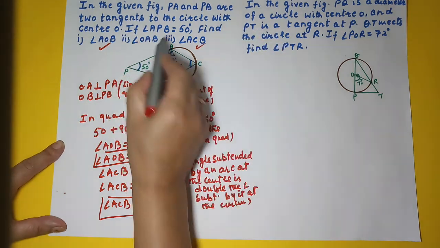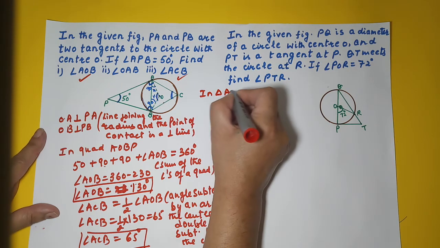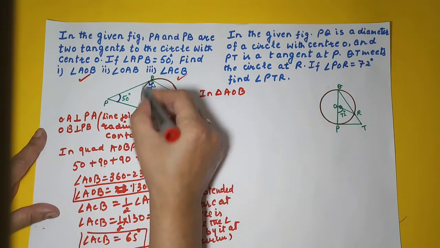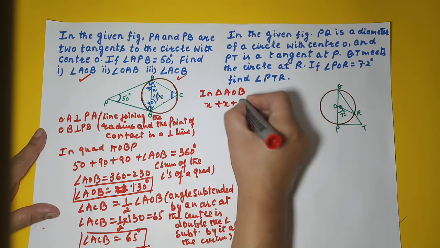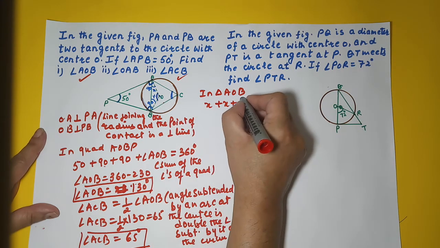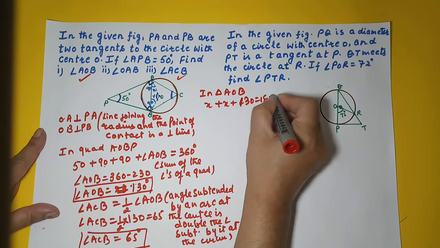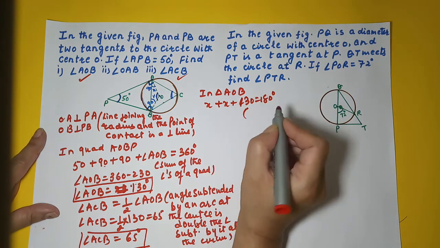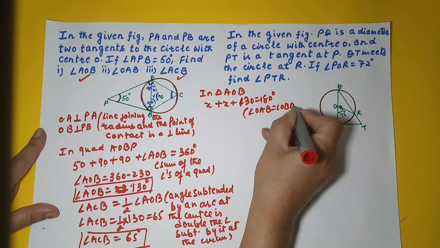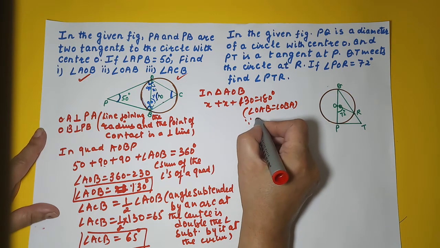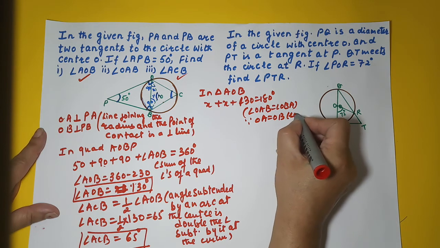AOB, ACB, now OAB. Now in this case we will take triangle AOB. In triangle AOB, OAB, we have said this is x, plus angle AOB is 130, equal to 180. So you can give here the reason: angle OAB is equal to angle OBA because OA is equal to OB, radii of the same circle.